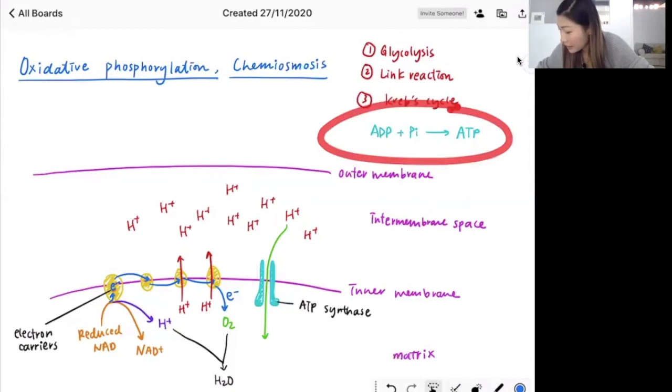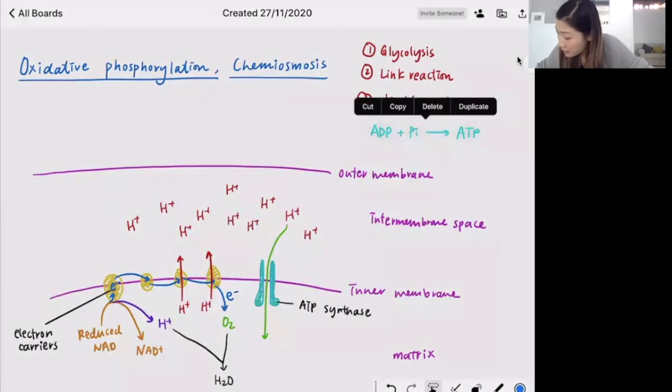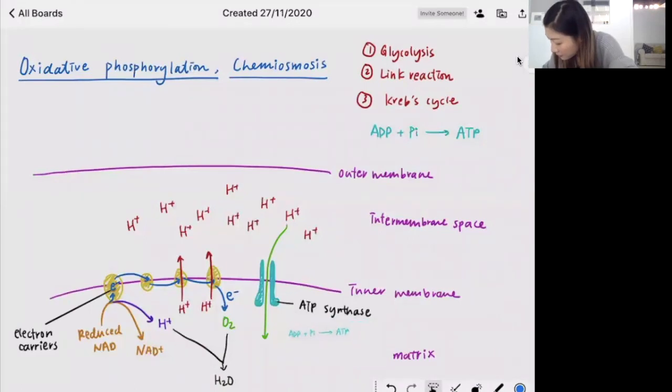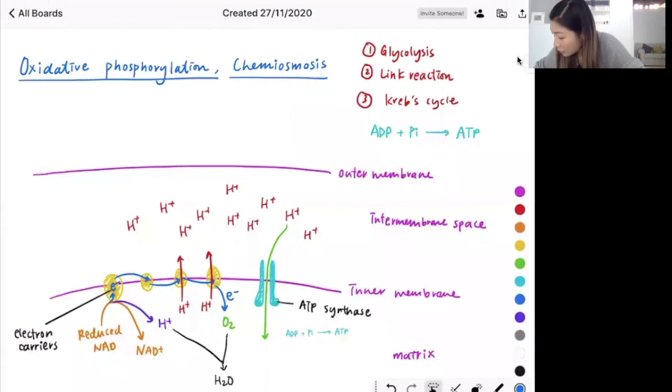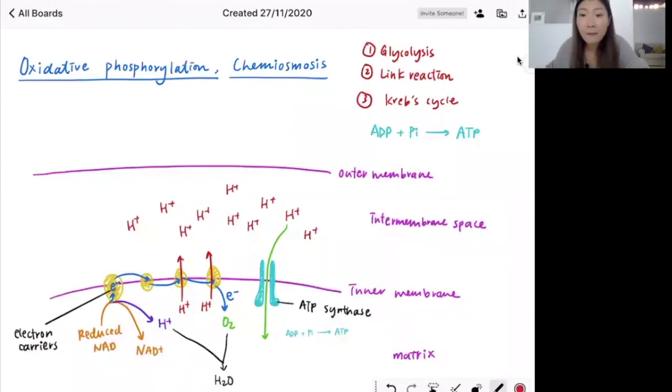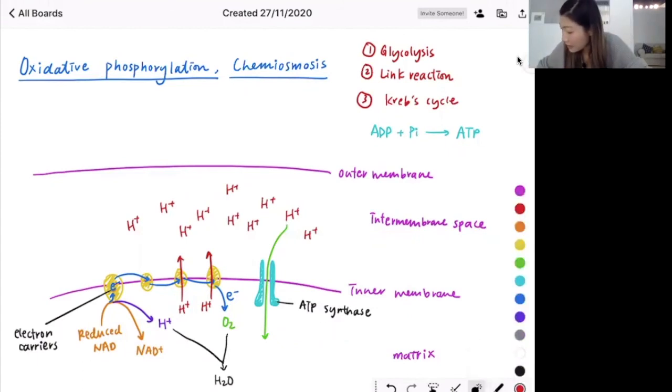Allowing ADP to pick up a phosphate and combine with a phosphate to make ATP. Or maybe I can write it like this so it's easier to understand.